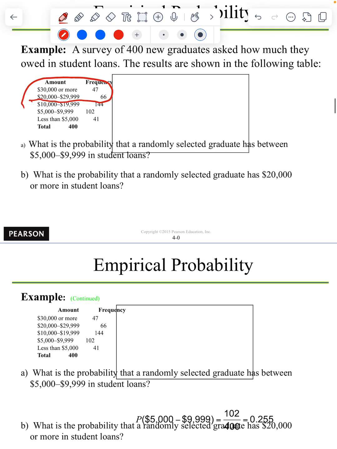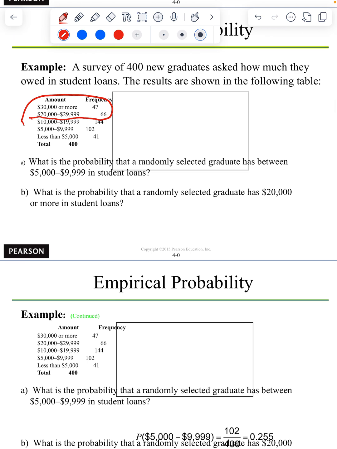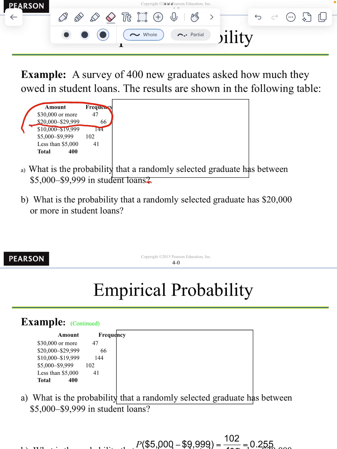Let's see. Let me back up a minute. What's the probability a randomly selected graduate has between 5,000 and 9,999? I jumped ahead a little bit, so let me back up. I got ahead of myself, which I sometimes do. So if I look at what is the probability that a randomly selected graduate has between 5,000 and 9,999, that is 102 over 400.